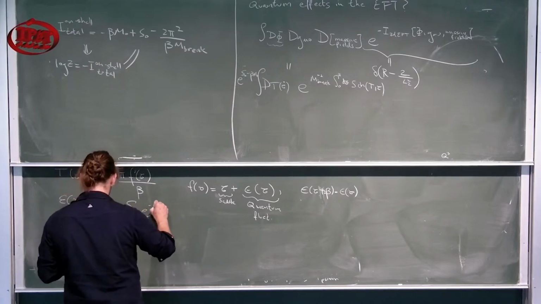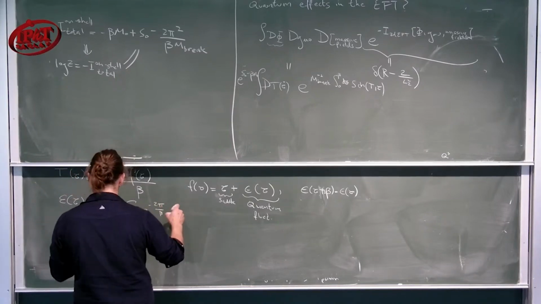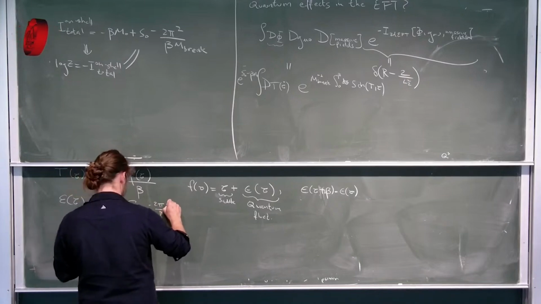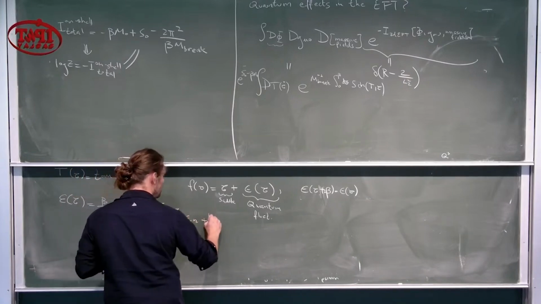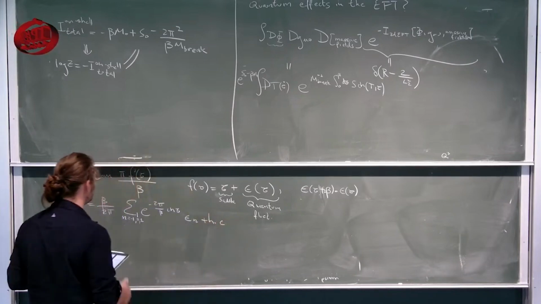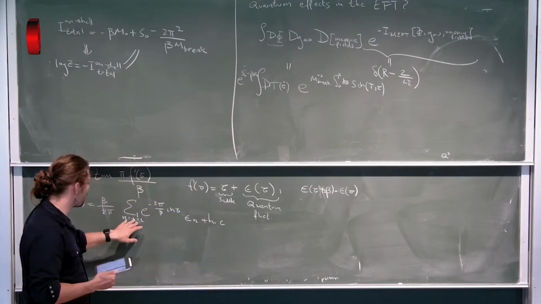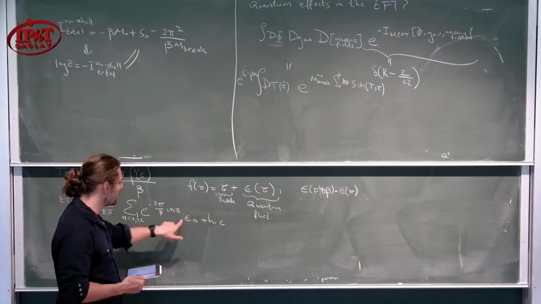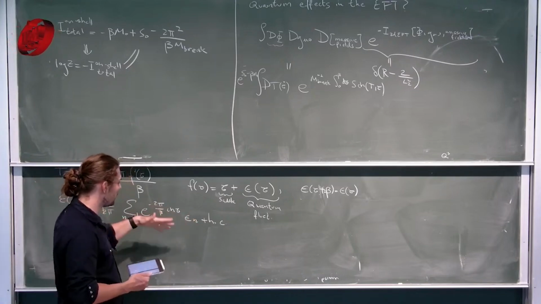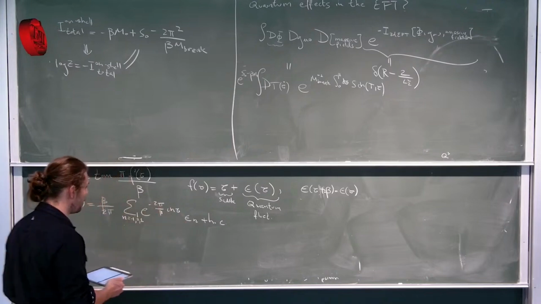And I'll explain why just in a second. Let me write exactly what those modes correspond to. So the modes with n equal -1, 0, and 1 correspond to the constant mode and the first Fourier modes.